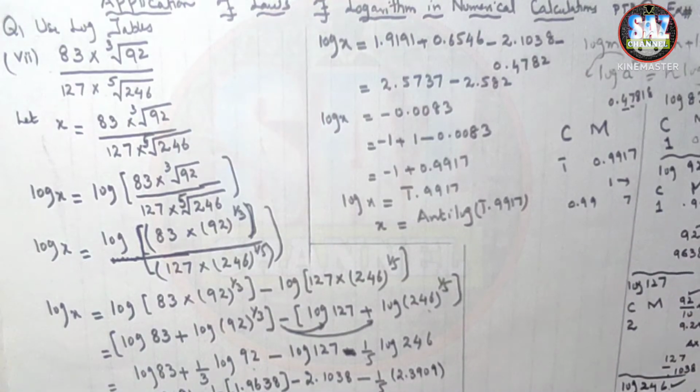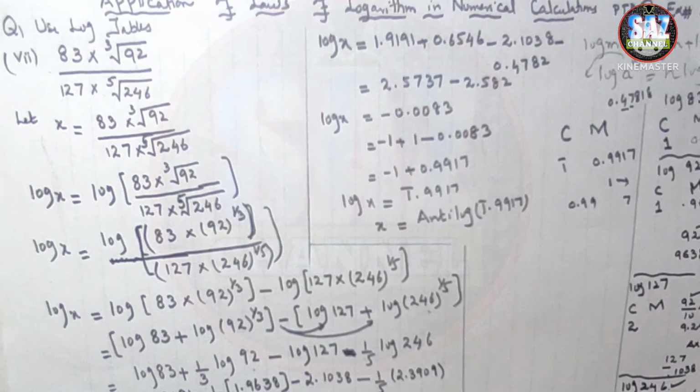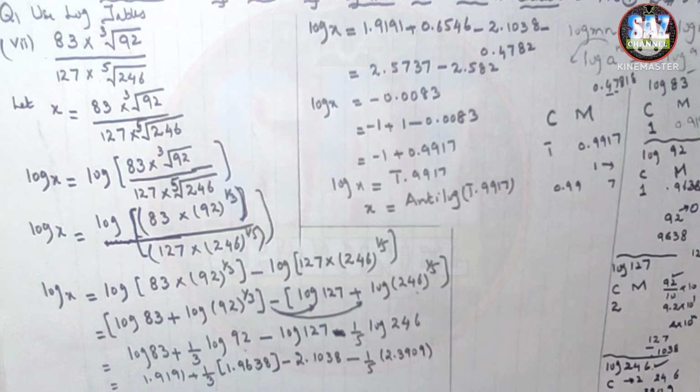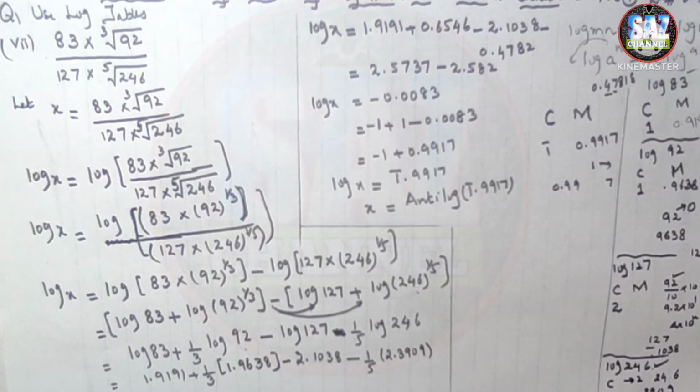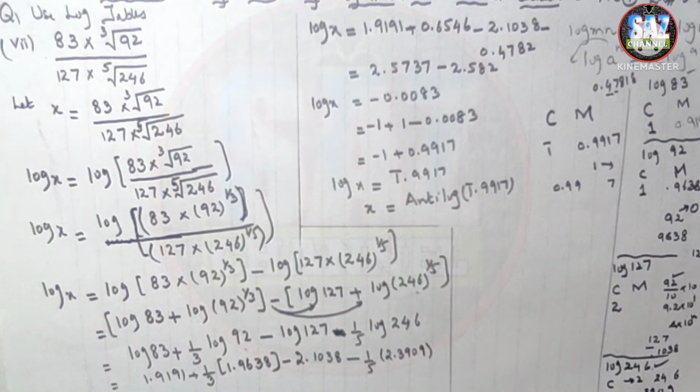So, let me hold my book carefully and keep a ruler so that I do not miss the value. 0.99 has to be located in the column of 1.